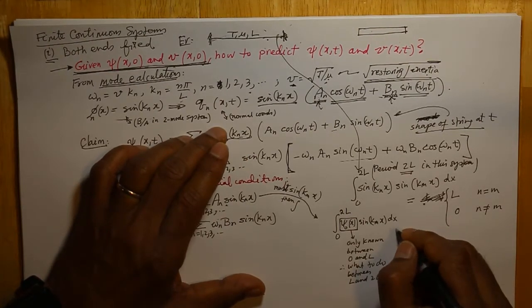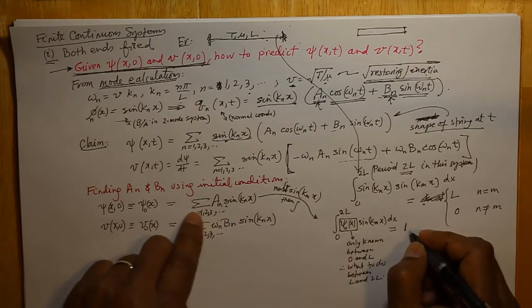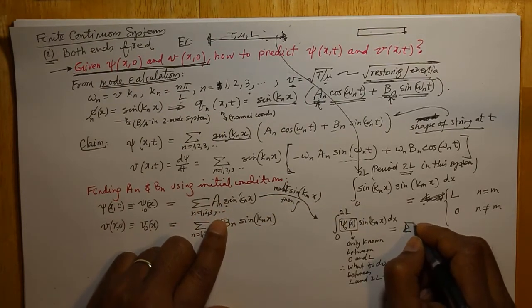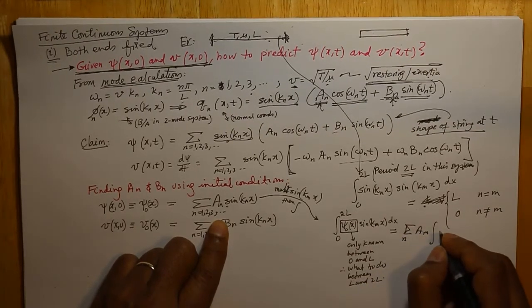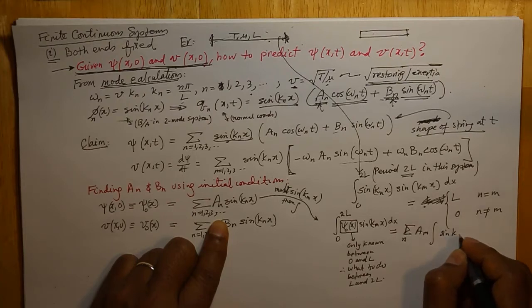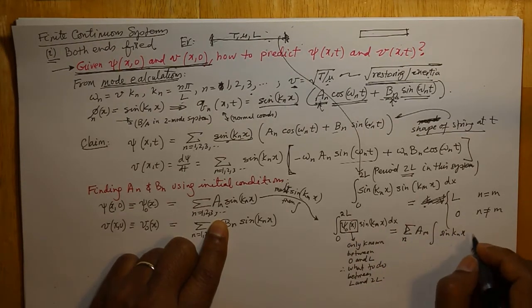On the right side, I have a sum over n of an sine kn x times sine km x dx. You can see multiplication and integration go through the summation sign.